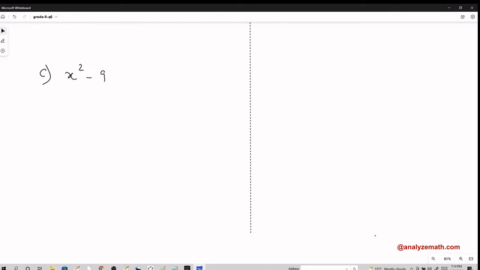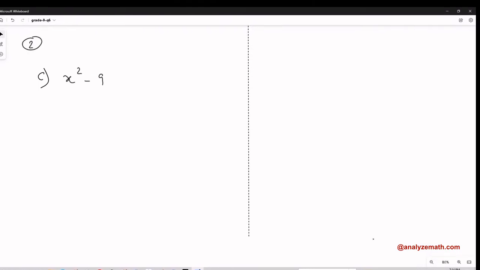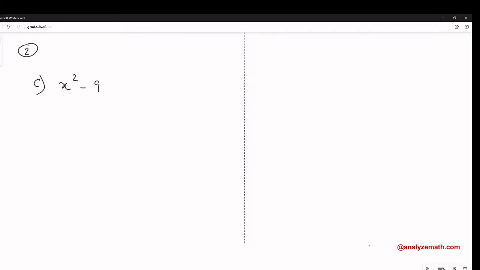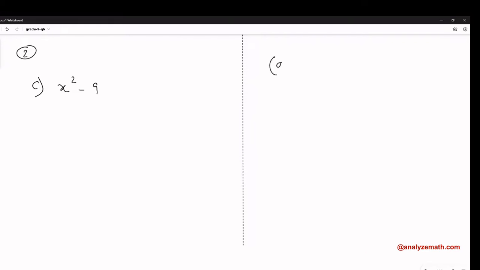Now, objective number 2, we are going to use what we call factoring by using the difference of two squares. Now, let's start with the following. a plus b multiplied by a minus b gives me a square, and then a times minus b gives me minus ab plus ba. ab and ba are the same, that becomes 0, and then minus b square.